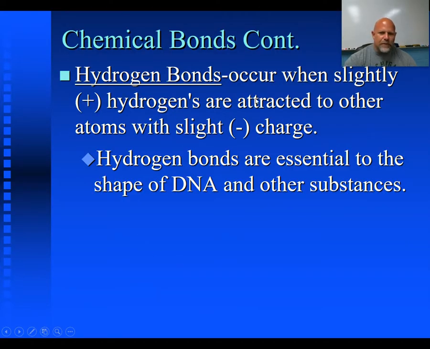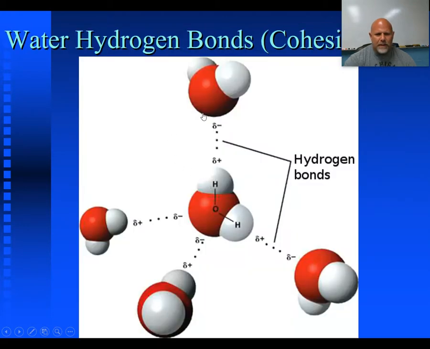Hydrogen bonds are also going to be really important. They occur when we have polar molecules, and the hydrogen from one molecule is attracted to the negatively charged atoms in another molecule. In this particular case, here's water.